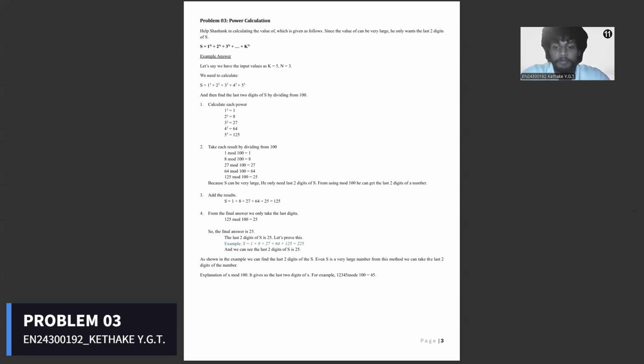Then we take only the last 2 digits of each result: 1, 8, 27, 64, and 25. Adding these gives 125, and the last 2 digits of 125 are 25. This method is quick and helps us work with big sums easily.